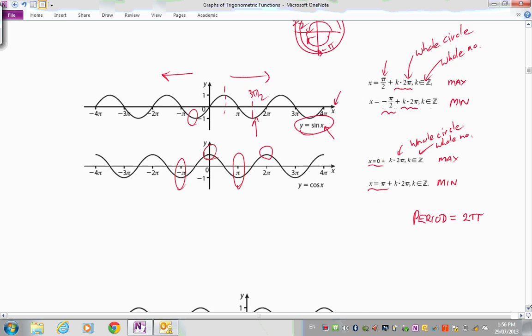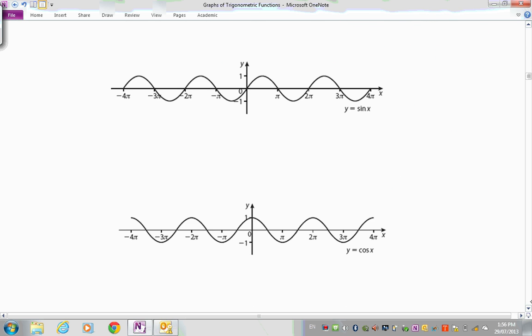Let's go down and look at some of the interesting properties of these two next to each other. All right, well, I want to do cosine first, because there's something obvious. Look at this side, look at this side. Uh-oh, it's symmetrical about the y-axis. What does that mean?